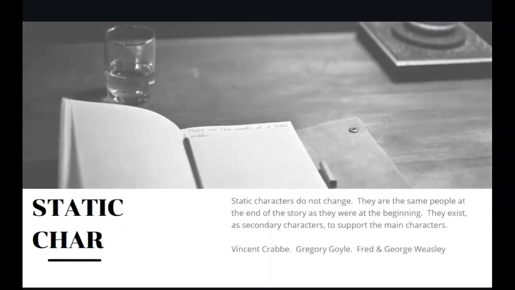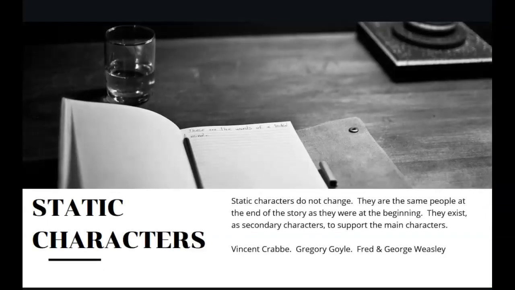Now, in contrast to the dynamic characters, you also have static characters. Static characters don't change. They're pretty much the same people at the end of the story as they were at the beginning of the story. The purpose of static characters is like your secondary characters. They're in the story to support the main characters, okay?